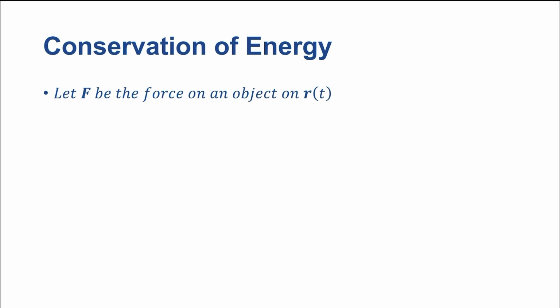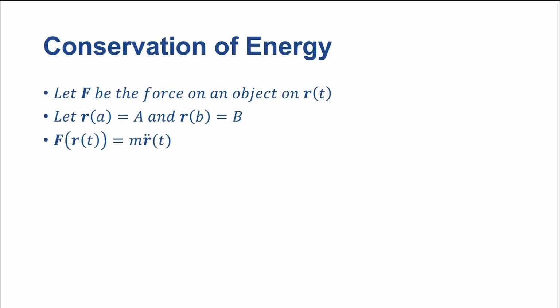So anyways, what we can do is model this with Newton's second law, and also model that our endpoints are going to be A and B. So if I use Newton's second law, we're going to assume that the force is a function of position. So F of r of t is equal to mass times acceleration, or the second derivative of r of t.